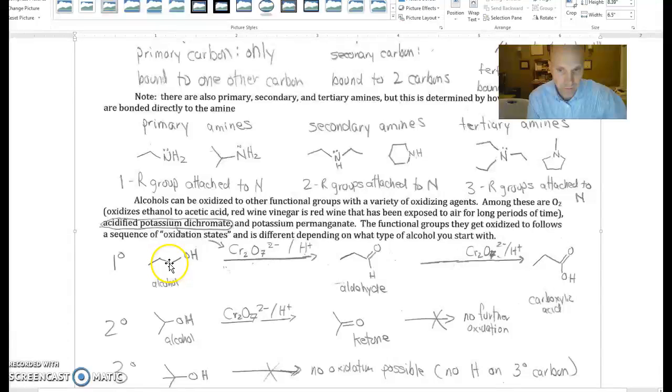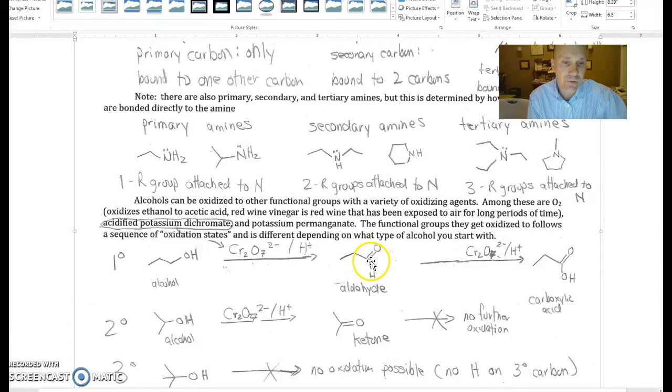Although this is line angle, remember that there's two hydrogens off this carbon right here, and there's a hydrogen there. So in going from this alcohol to this aldehyde, we have lost this hydrogen as well as one of the hydrogens here, because there's only one hydrogen left drawn to that carbon.